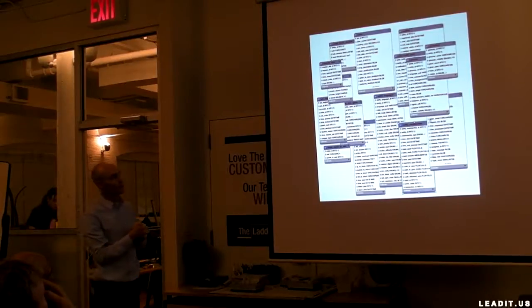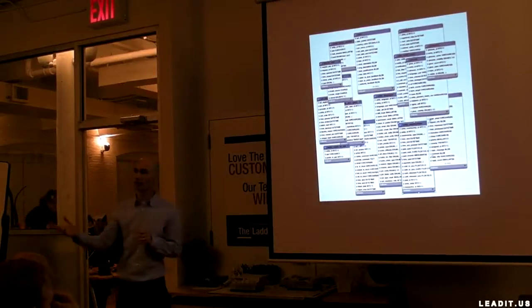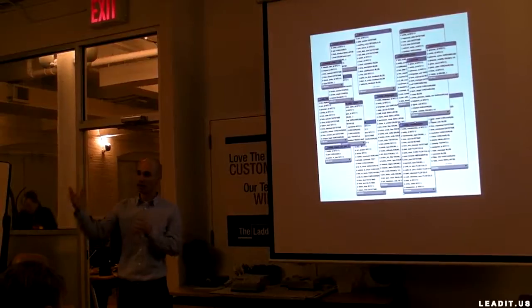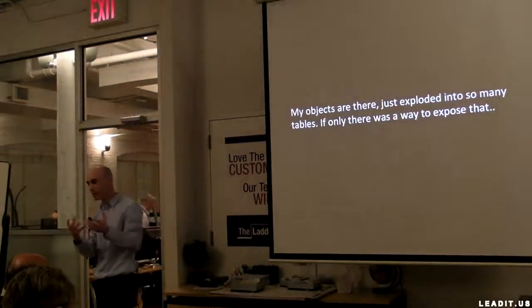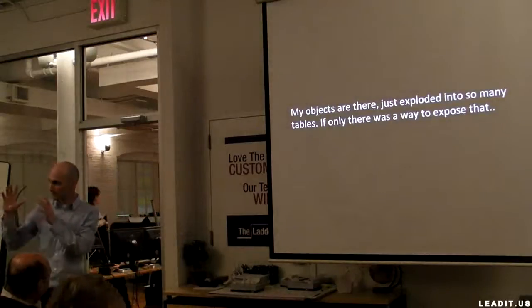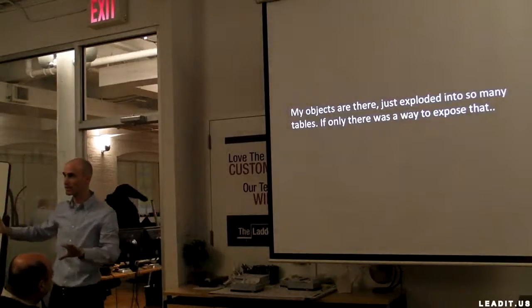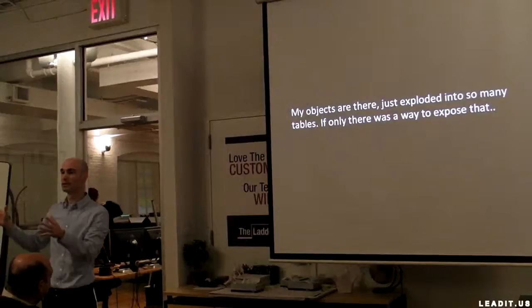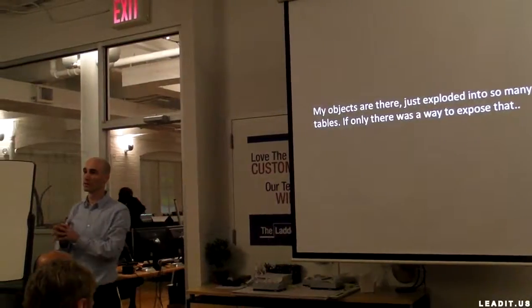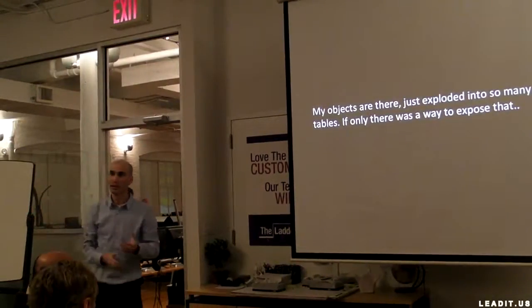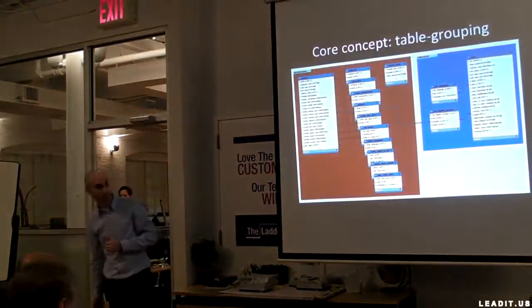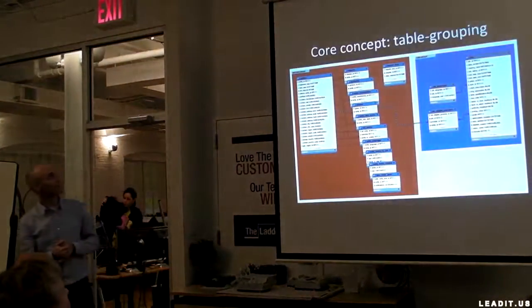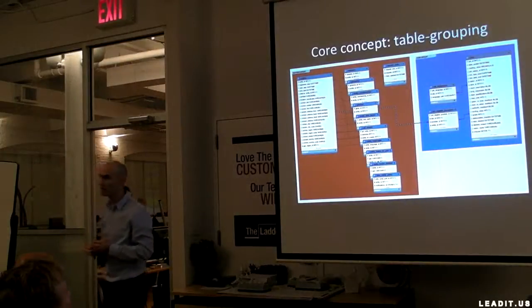But really, when you think about it, your application has objects that got translated to this, right? If there was a way for me to capture that, to say, right, I had objects, they exploded into these tables, but the meaning of those tables is those objects. That's what they try to capture. And so if there was a way to do this, that would be cool.